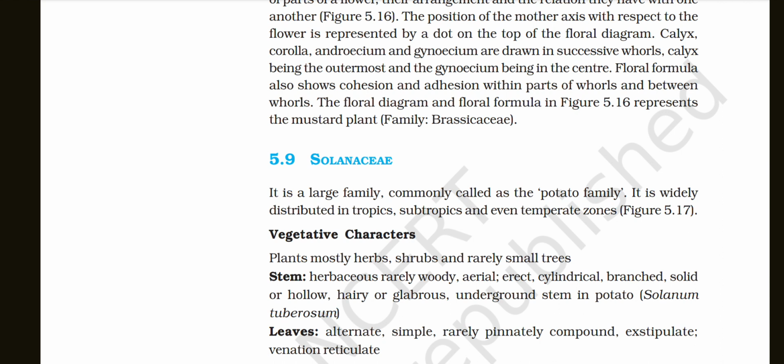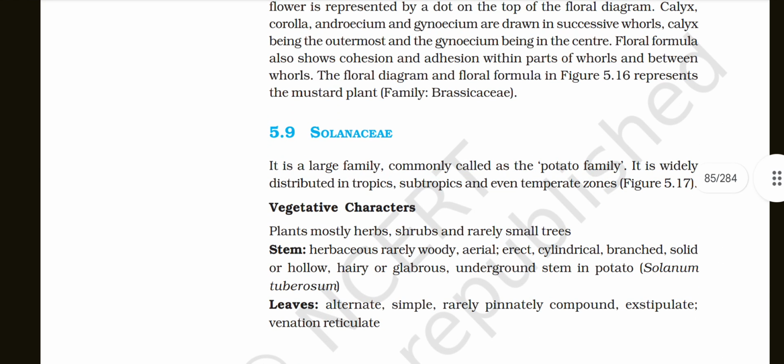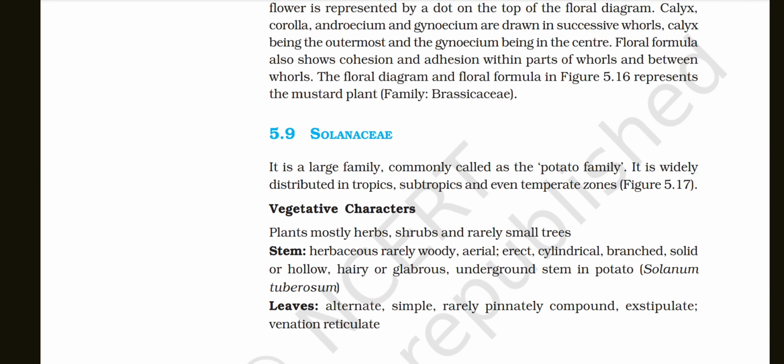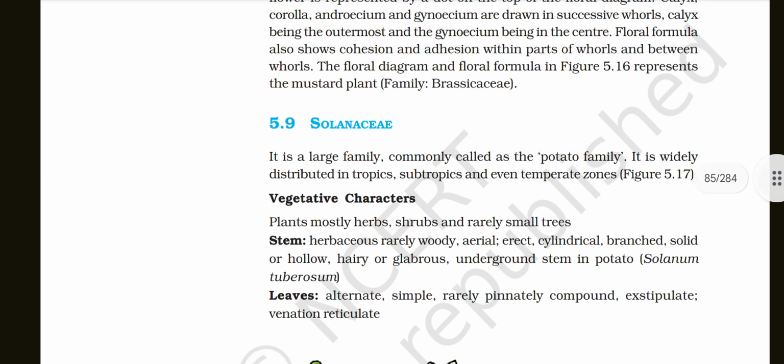Calyx, corolla, androecium, and gynoecium are drawn in successive whorls, calyx being outermost and the gynoecium in the center. The floral formula also shows cohesion and adhesion within the parts of the whorls and between the whorls.